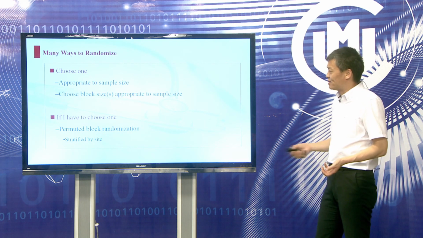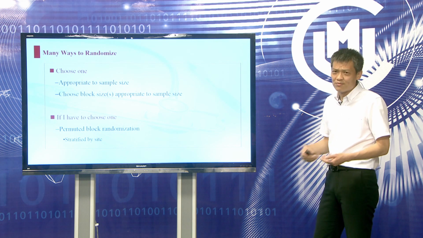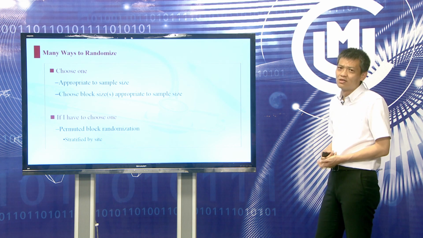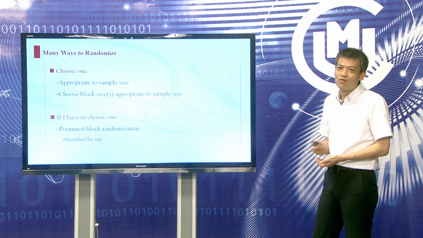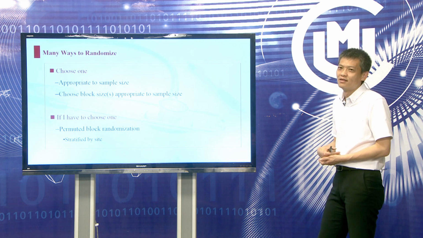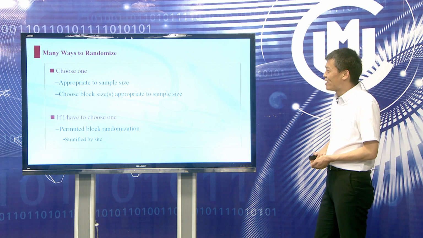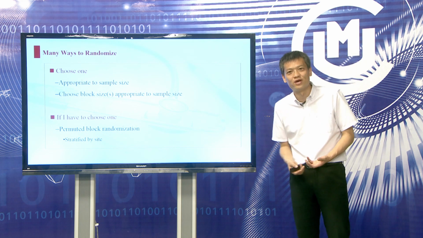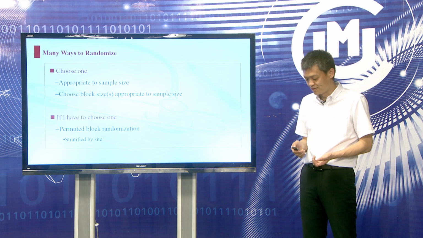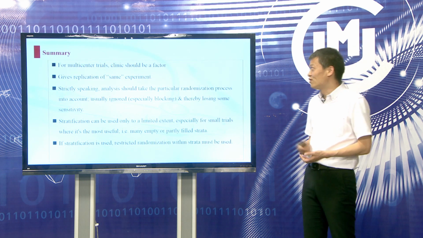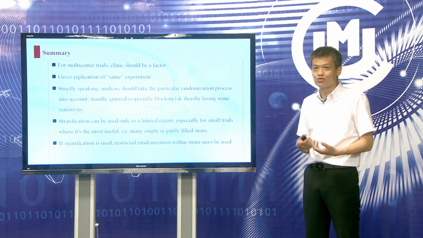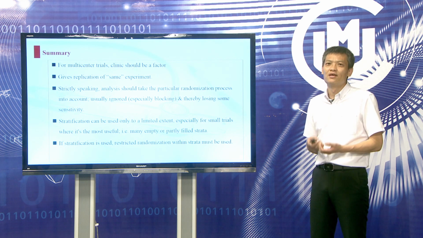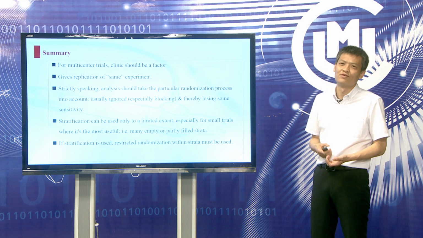So how do we select the method of randomization? Choosing the optimal method is based on the sample size. If I have to choose one, I will choose block randomization in clinical trials, stratified by site. This is a summary. For multi-site trials, the sites should be a factor and give replication of the same experiment.